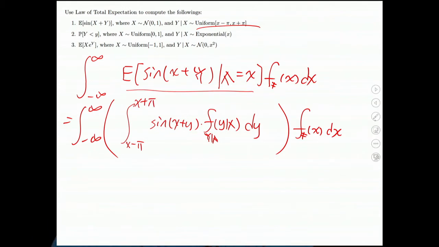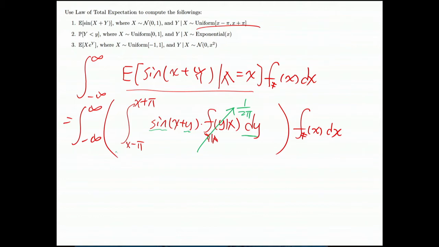Since it's uniform, this goes to 1 over 2 pi. And then sine y dy, and it's doing a cycle.